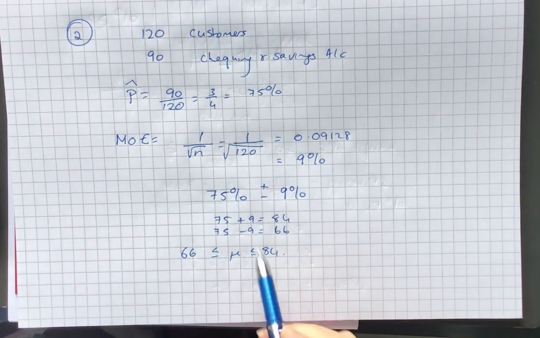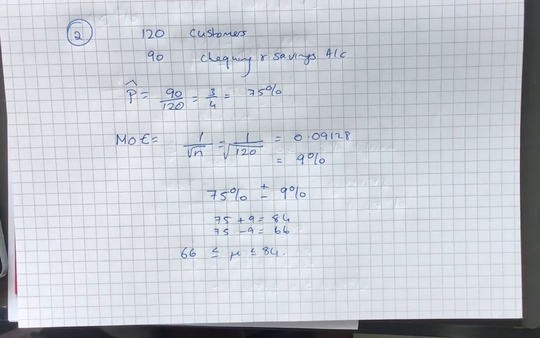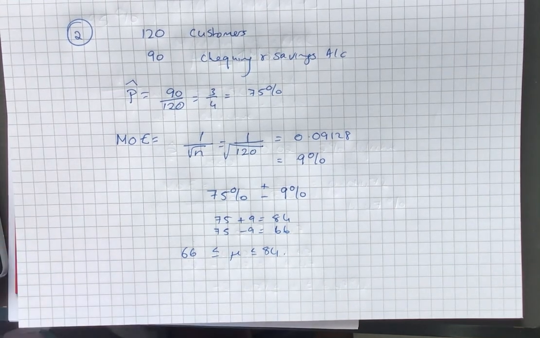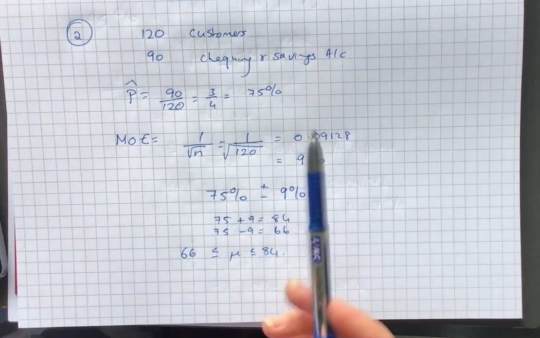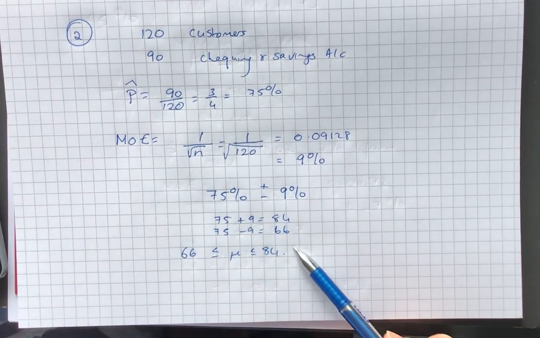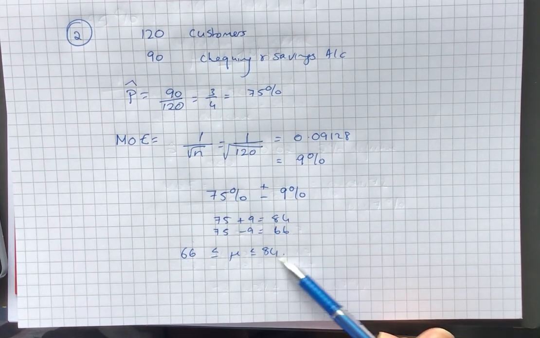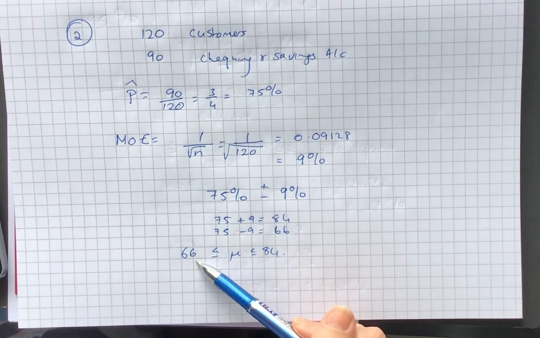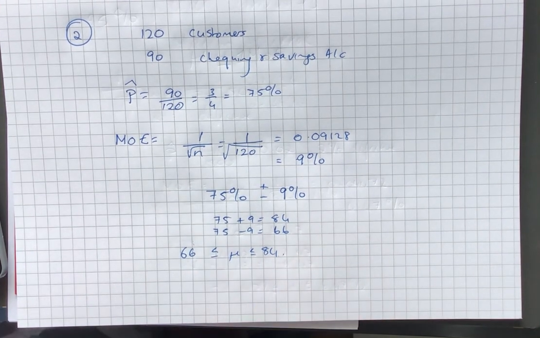So if I was to expand that out to 10,000 customers, I would expect the max amount of them to have a current and a savings account to be 8,400, and the minimum to be 6,600.